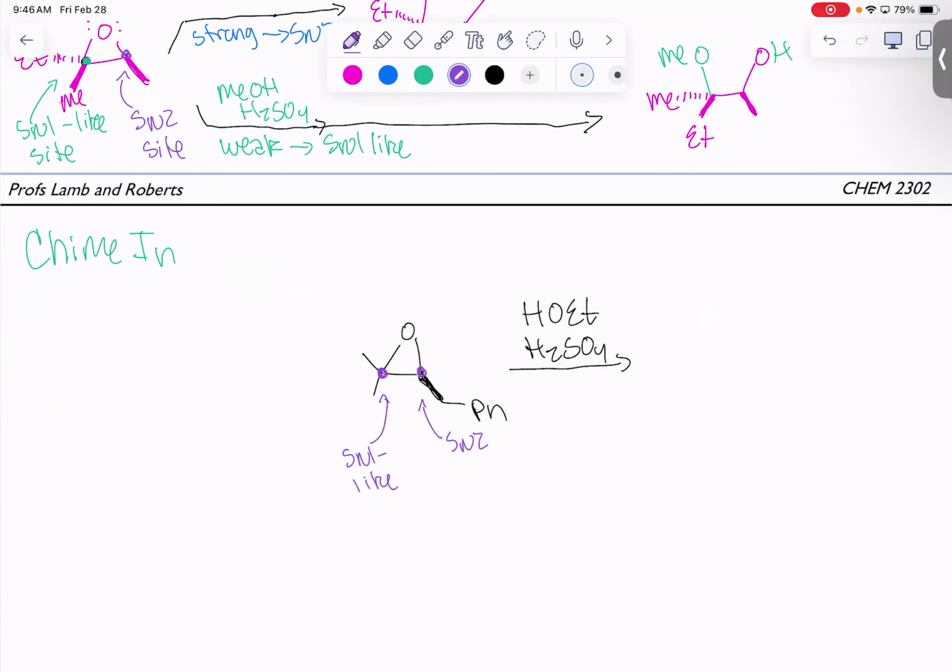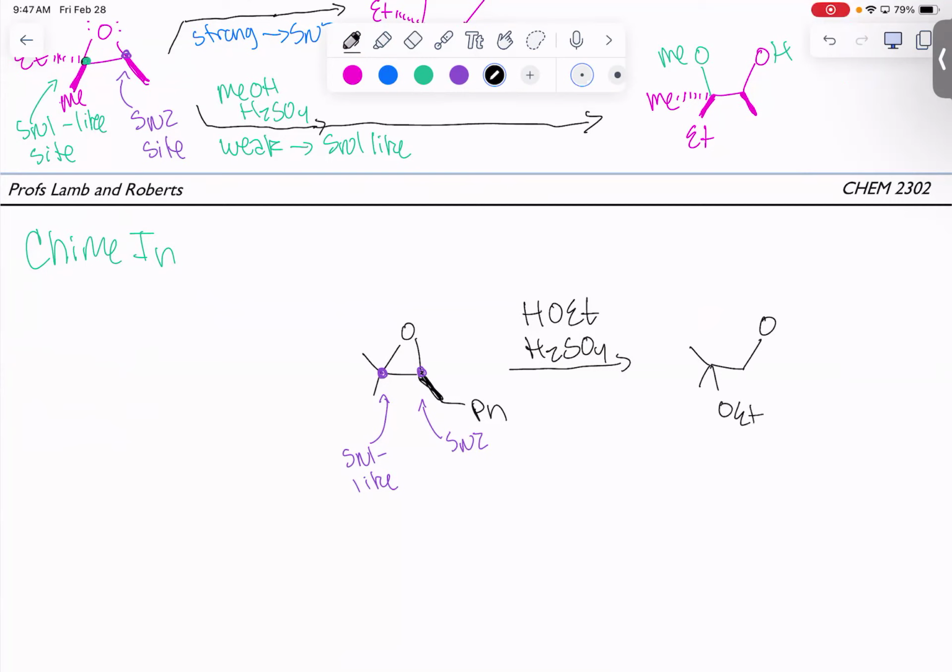Okay, so now we can go ahead and evaluate, and we can see that our conditions are under acid. So we need to be thinking about the stabilization of a partial positive charge, which means that we would be breaking our bond at the SN1-like center, and that's where we would be adding our nucleophile.